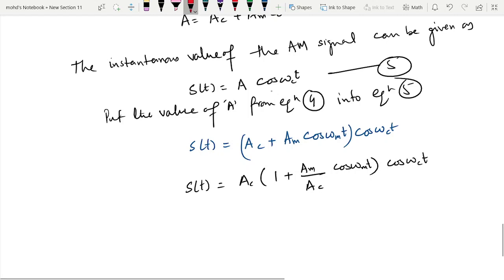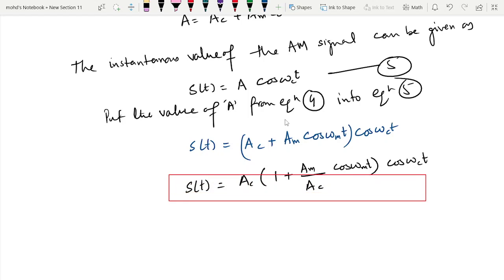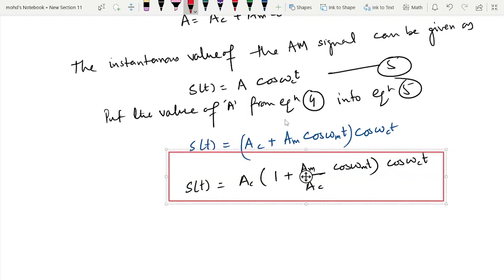This is the general equation of the AM modulated signal, the generalized equation for the AM modulated wave.